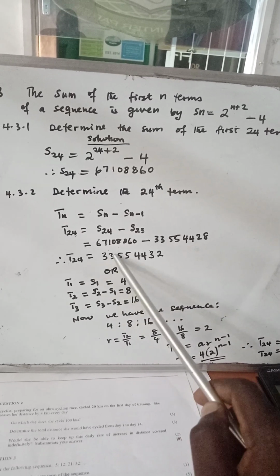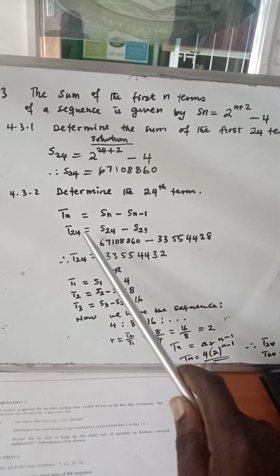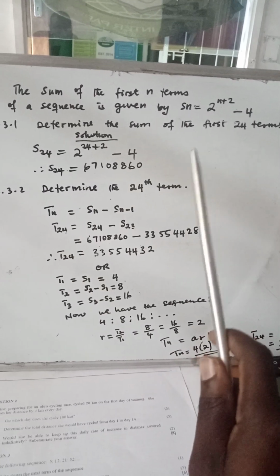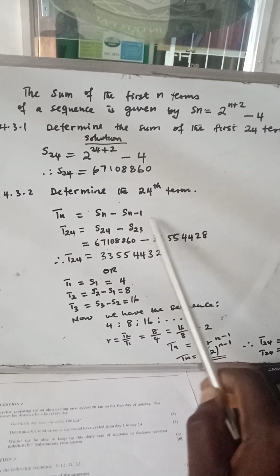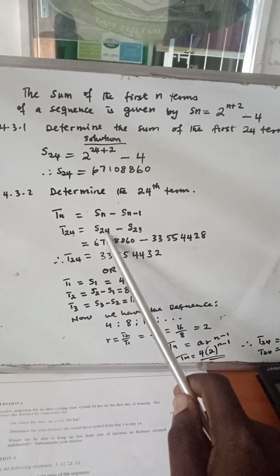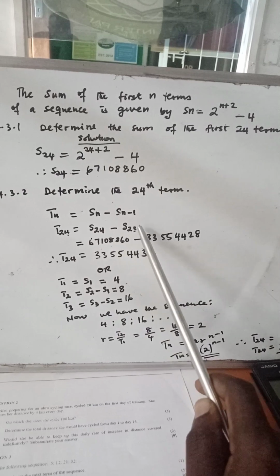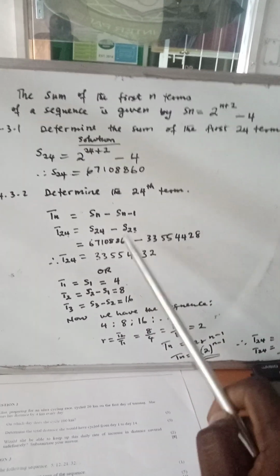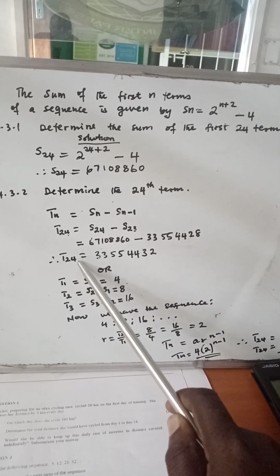This is T24. You see how I have done the T24. T24 from the sum formula is the same as S24 minus S23. So you put your S24, you substitute 24 into the formula, and you get the answer. You substitute 23 also into the formula, and you get the answer. Then you subtract the two. Then it gives you term 24.